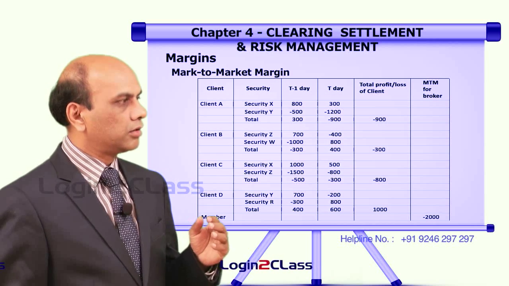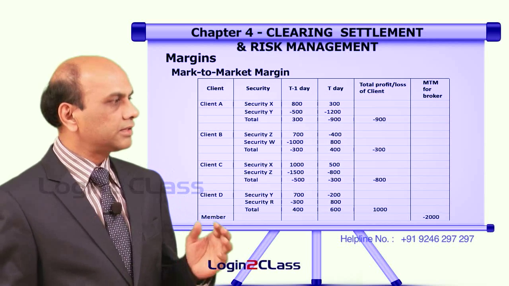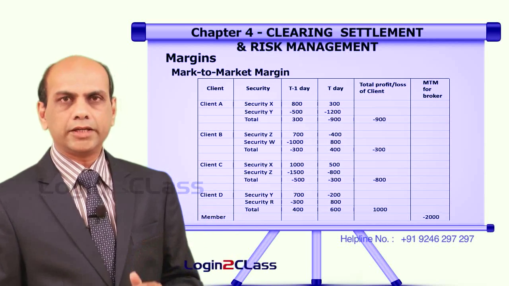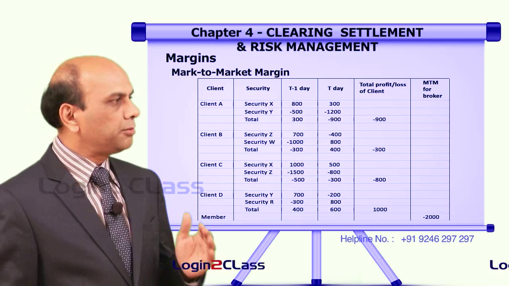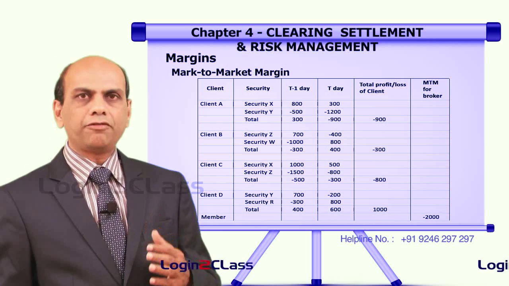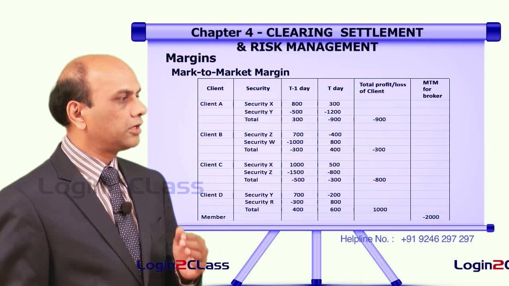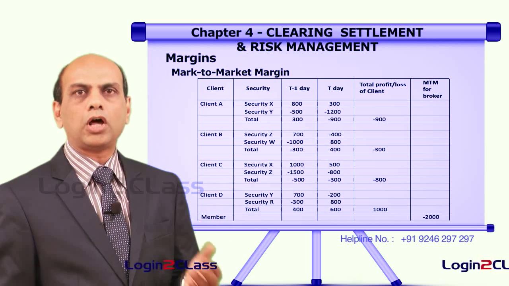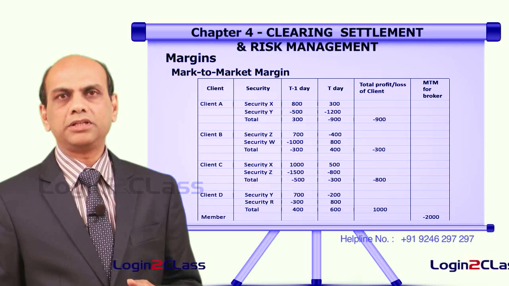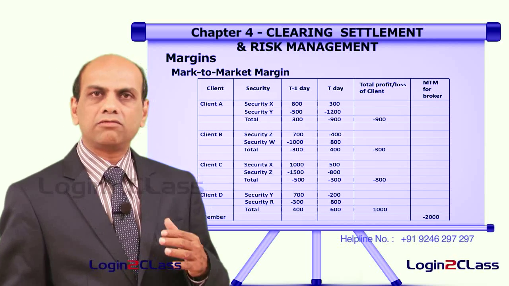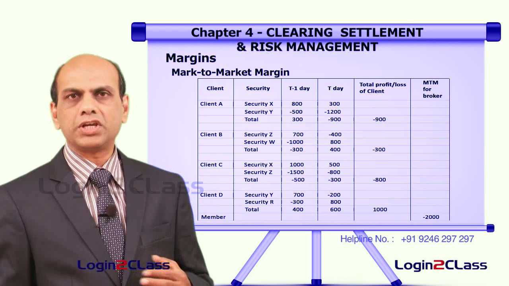Now let's take client D. This client took positions in security Y and security R. On T minus 1 day, the profit on security Y has been 700 and on security R the loss has been 300 rupees on his position after the market closed and the values of these securities have changed.